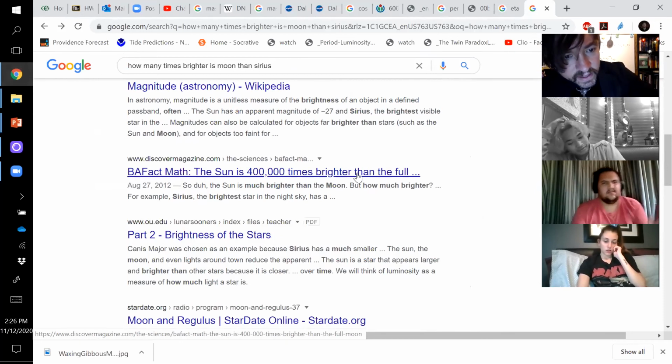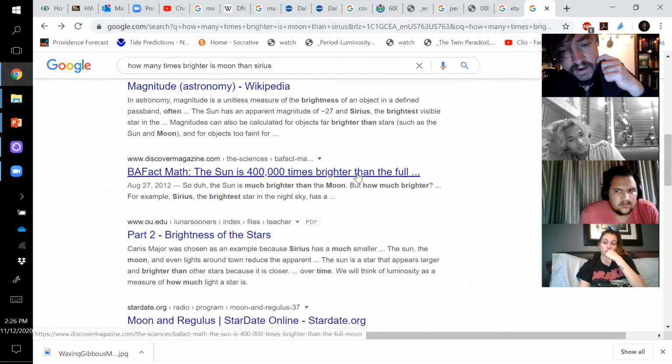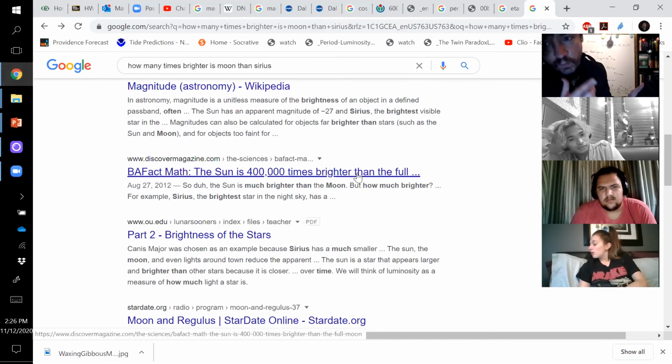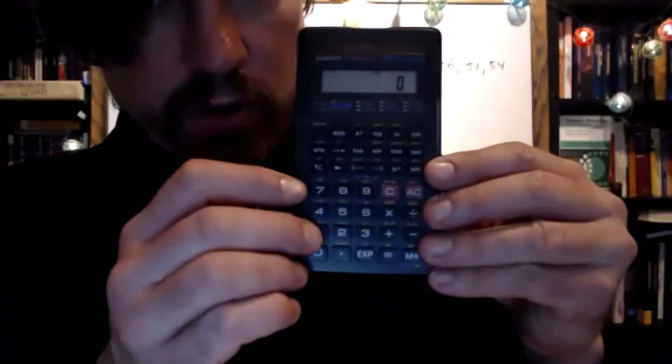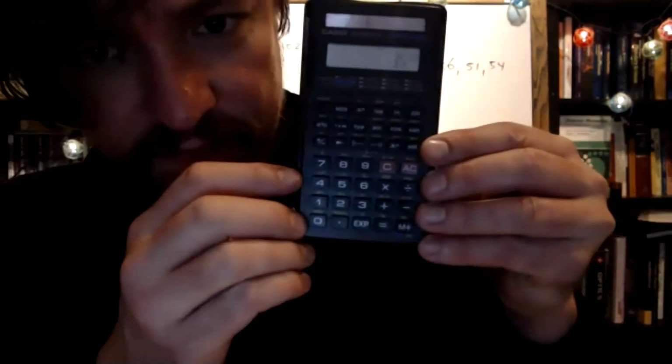It tells us here in this math fact that the sun is 400,000 times brighter than the full moon. I know that the sun is 1,400 watts per square meter. So 14, that's the sun. And I'm going to divide that by 400,000. The moon gives off 4 times 10 to the minus 3.